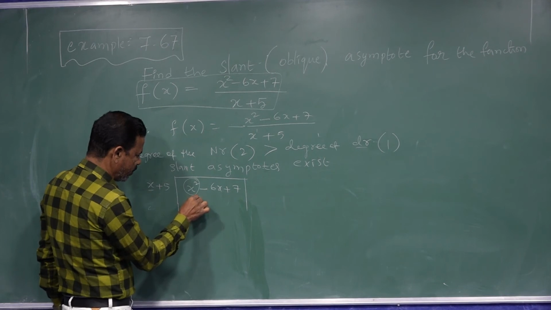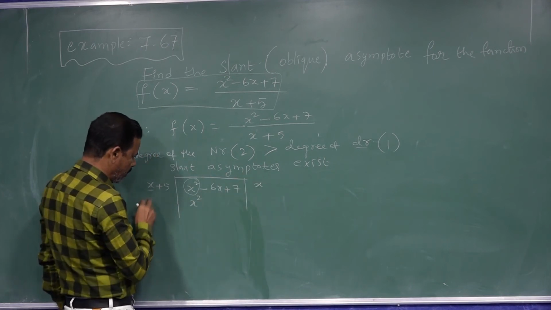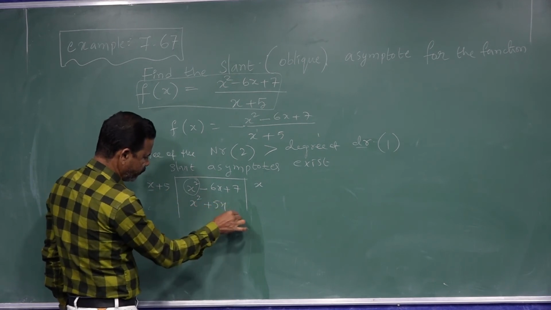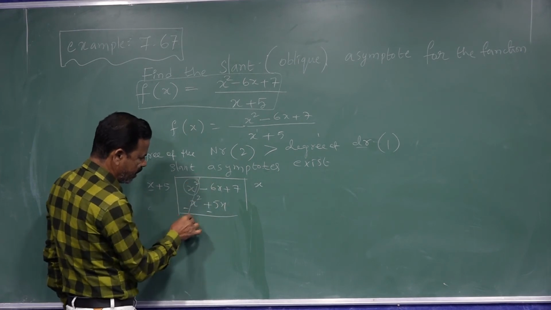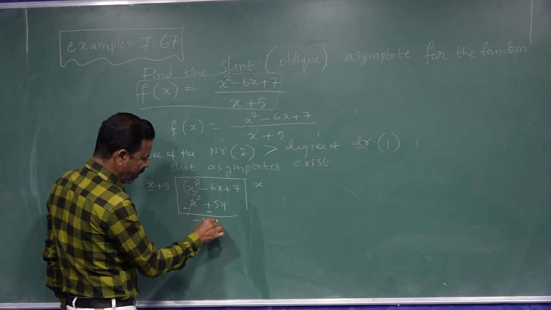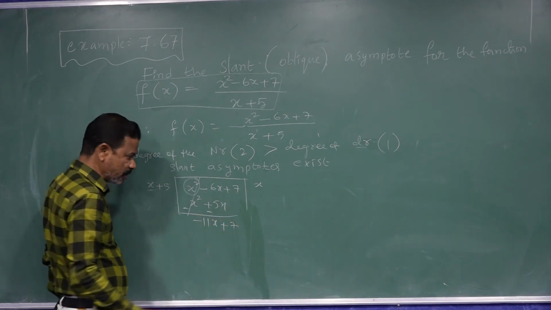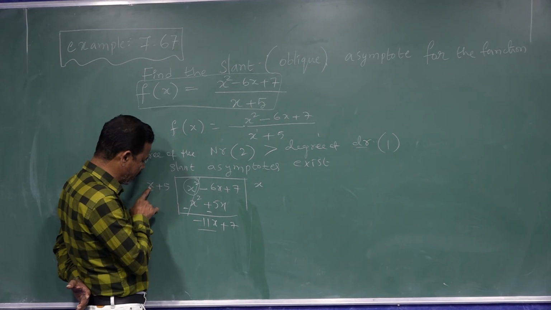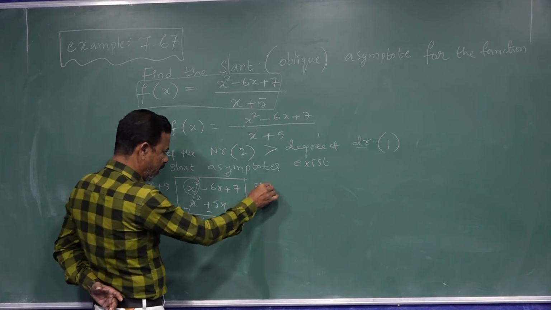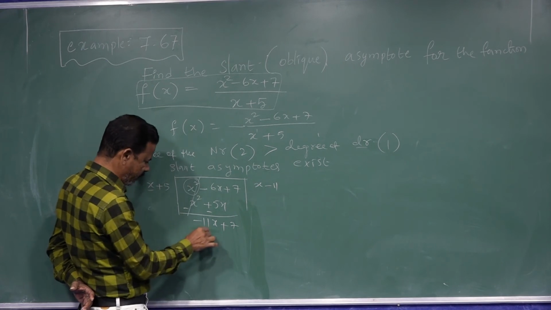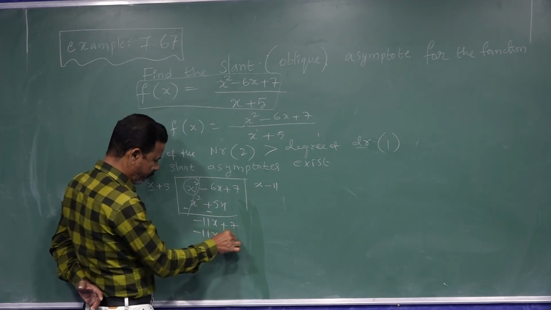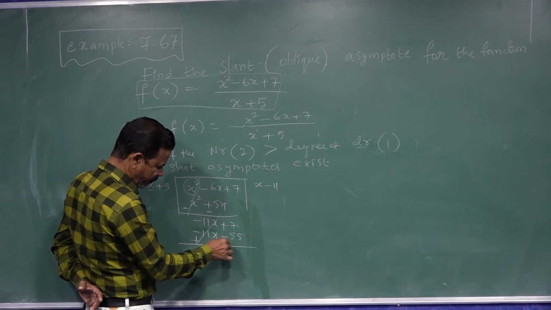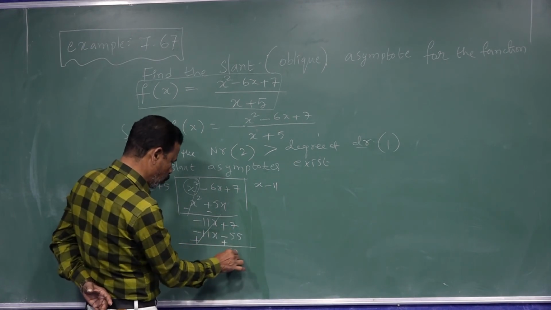After that, x into x is x square plus 5 into x is 5x. Minus is cancelled. Minus 6x minus 5x is minus 11x, remaining plus 7. Now multiply x with minus 11: minus 11x, minus 11 into 5 is 55. Change the symbols to plus. The 11x cancels, 55 plus 7 is 62. This is the remainder.